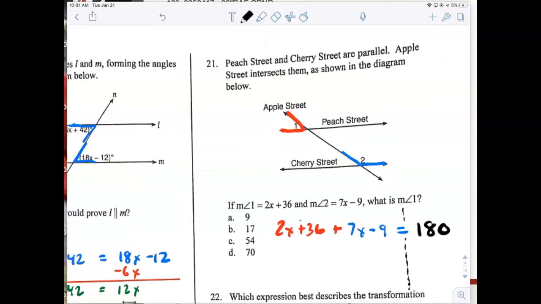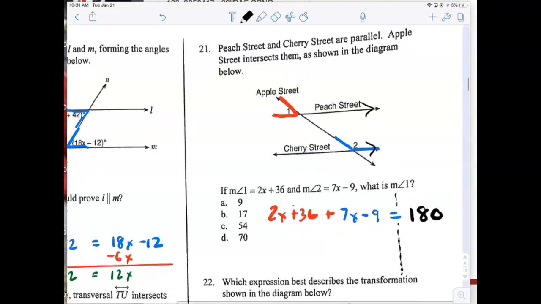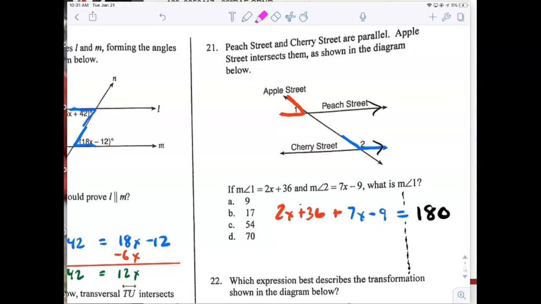We're on Peach Street and Cherry Street, and we're told those are parallel. When we look at this question, we already have these angles highlighted for you, angle 1 and angle 2. Notice that one of these is acute, angle 1, and one is obtuse. Most of the time in geometry, if we're not setting things equal, we're adding things up and setting them equal to 180.